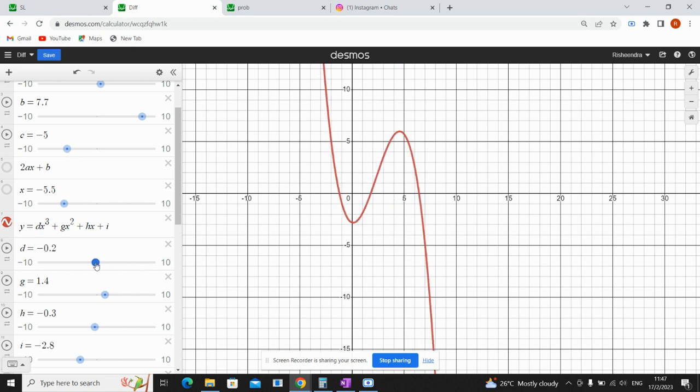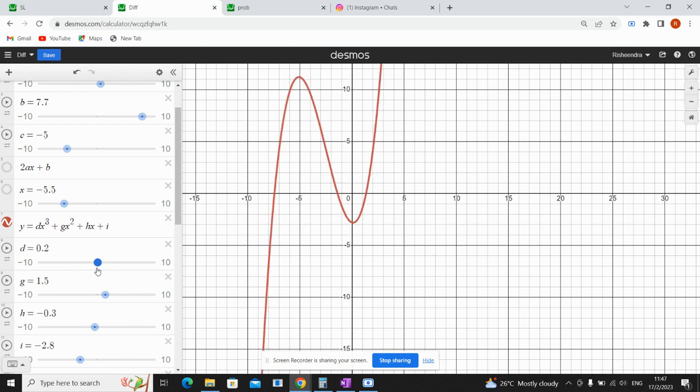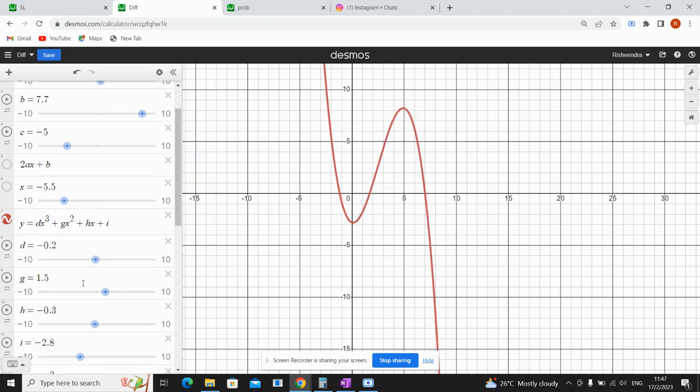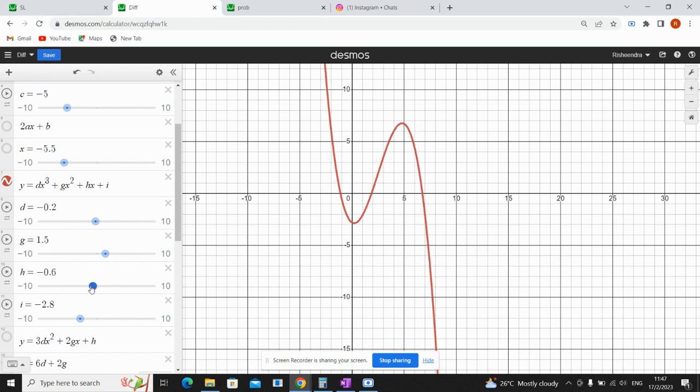See, let me change the values a bit so that the graph would look a bit pleasant. Here, same goes with the last value, the C value.